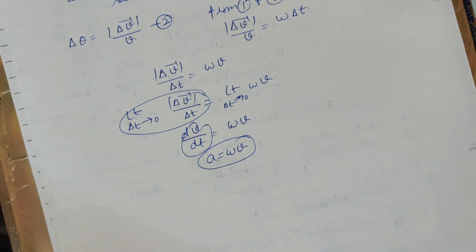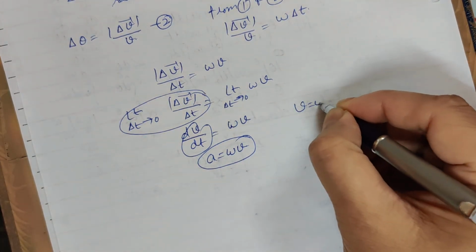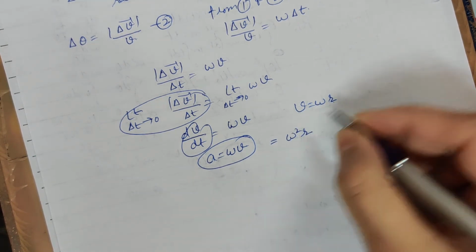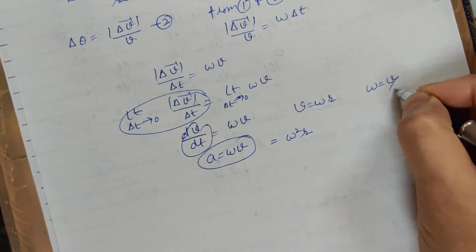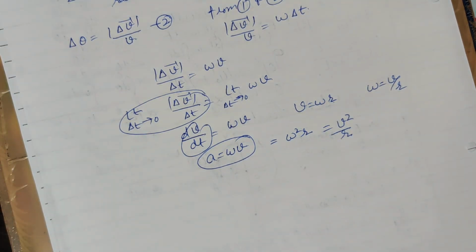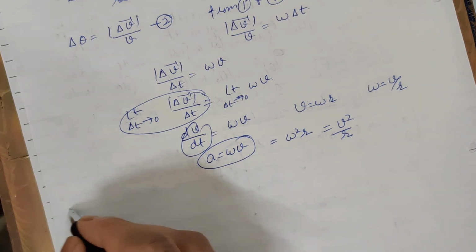So this is the centripetal acceleration. If we use v is equal to omega r, this becomes omega square r, and if we use omega is equal to v upon r, this becomes v square upon r. So this is the centripetal acceleration, whose direction is along the radius towards the center, always opposite to the position vector. So thank you.